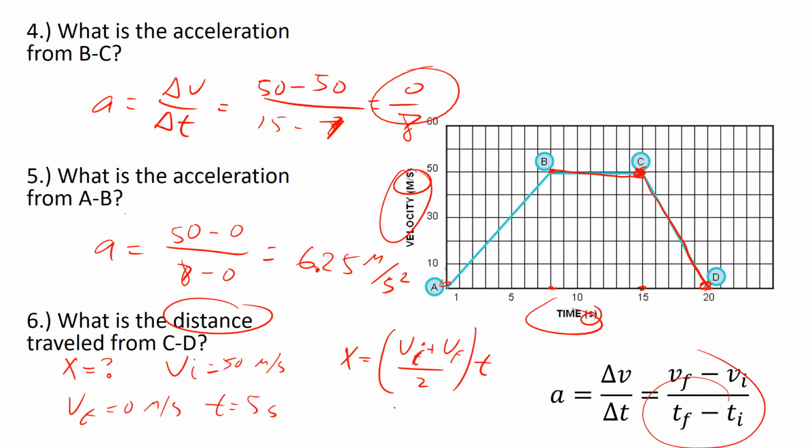So we use this equation: 50 plus 0. Watch out, there are some other equations that have negatives there. Divided by 2, times 5. And we get 50 divided by 2, times 5: 125 meters.